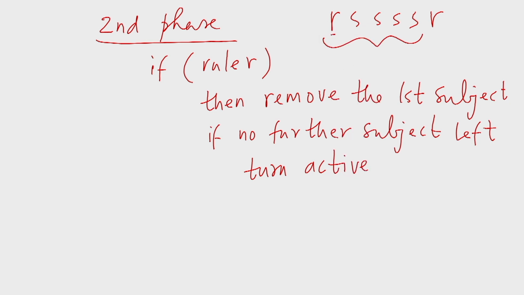This ruler is removing its first subject, namely this, the circle vertex. The second ruler is removing its first subject, namely this, the squared vertex. So, we find that the circle vertex and the squared vertex are not adjacent because they must have one ruler in between them.